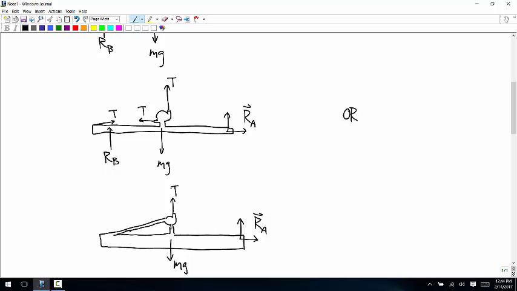You also don't have a cable force where it connects to the end of the beam because that's an internal force. So that T only appears in one spot. And then you have RB. So this one doesn't change the number of variables from the one right above it, but it reduces the amount of work you have to do a little bit, write out Newton's laws.